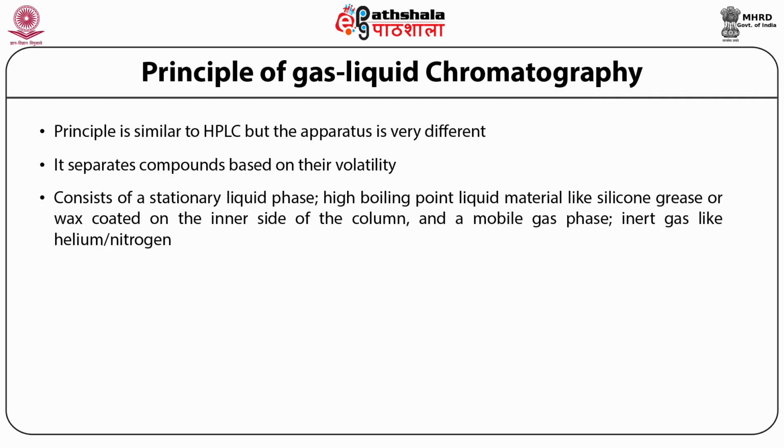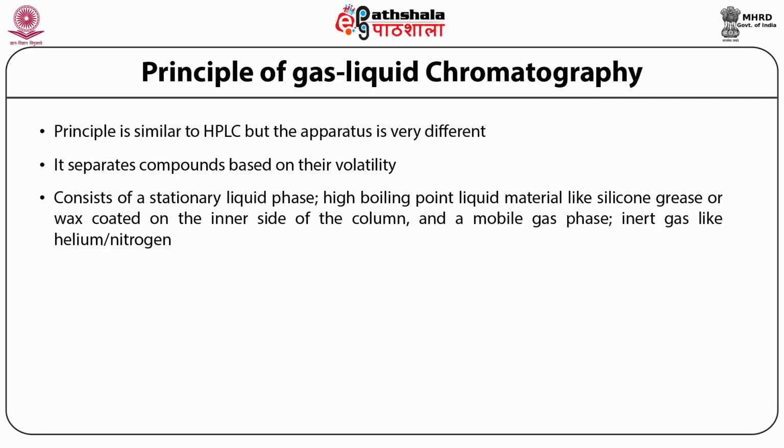The mobile phase here is a gas, which is an inert gas like helium or nitrogen, which is also different from HPLC and TLC, where the mobile phases are a mixture of organic solvents. In GLC, the mobile phase is an inert gas, and hence the compounds need to be volatile in order to be carried by this carrier gas through the column.